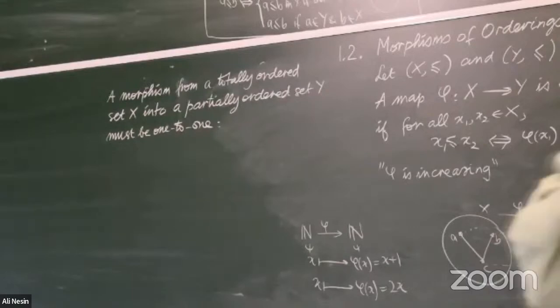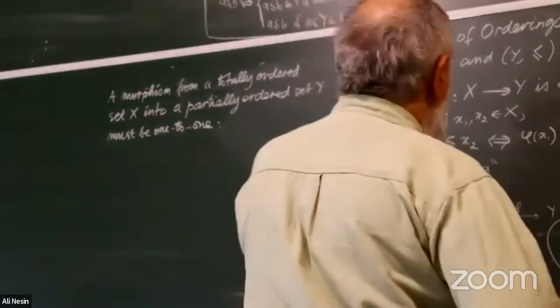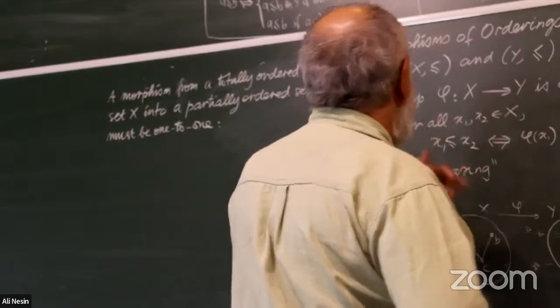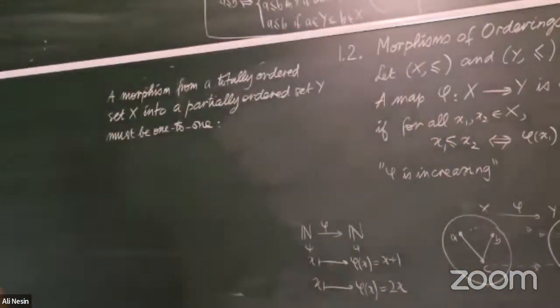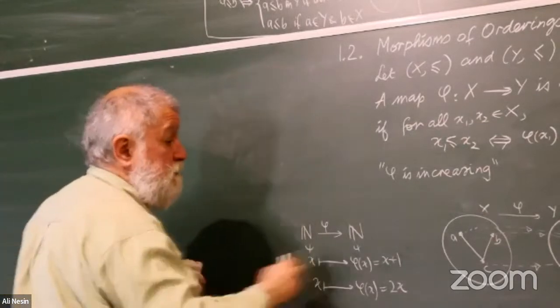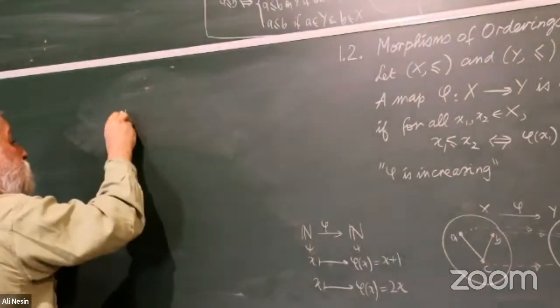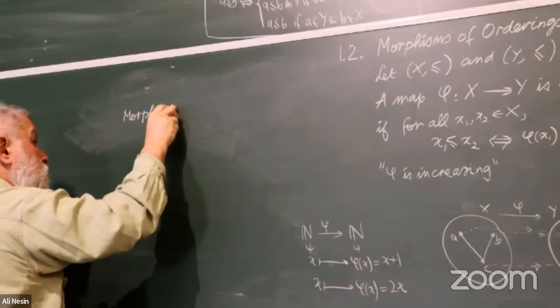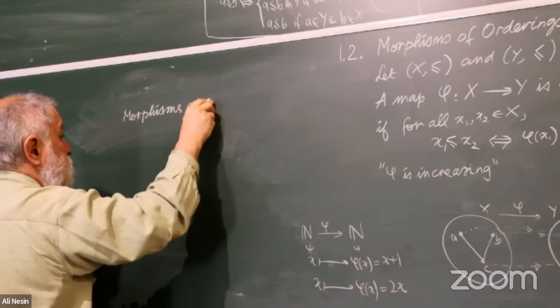Actually, yes, it's not true. Any morphism must be one-to-one. Morphisms must be one-to-one. So there is no way this can be a morphism.